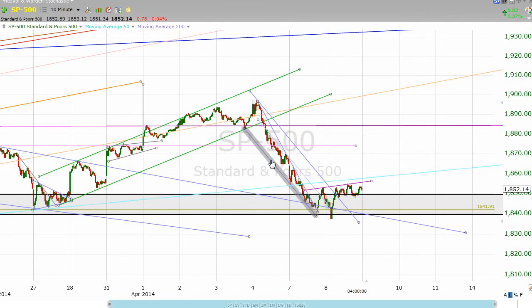But I think that's a decent little support line. Certainly this is a good resistance line, and we got over that resistance line yesterday. Today we ducked under 1840 briefly, then took out the parallel line to our support line right here.